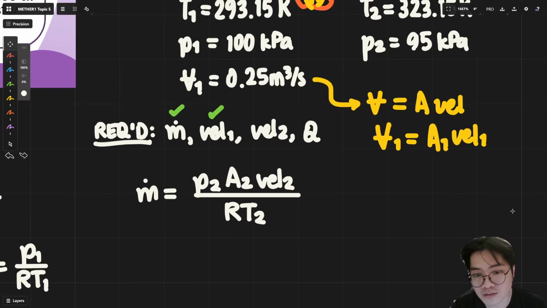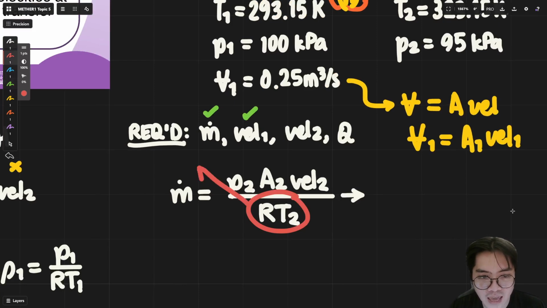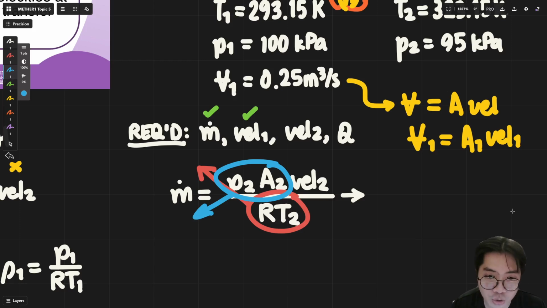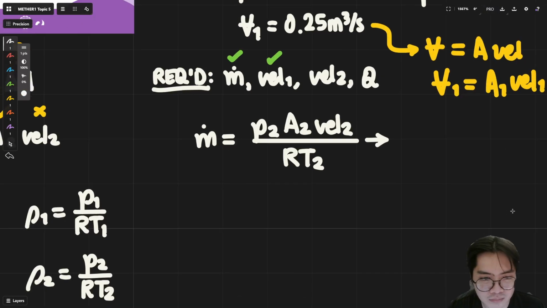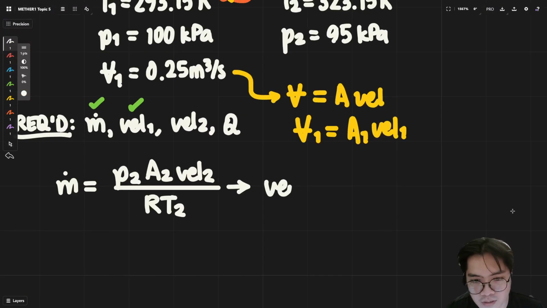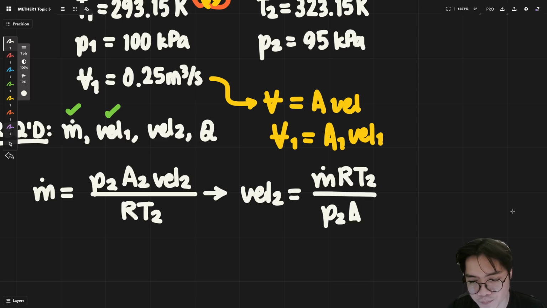What I will do is the old-fashioned way because, you know, I'm very antiquated like that. I will now raise the RT2 and then I will lower the pressure times area right here. What we will get is basically vel2. You know what? Yeah, here works. Vel2 is equal to m dot times RT2 all over P2 A2.